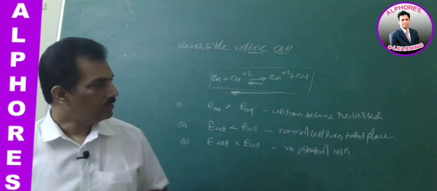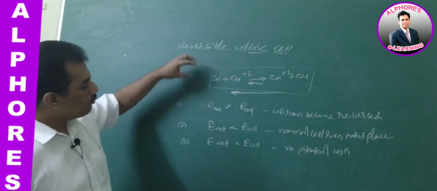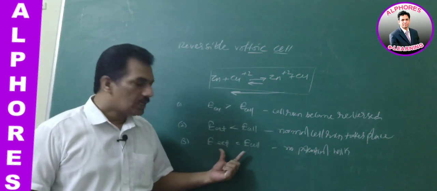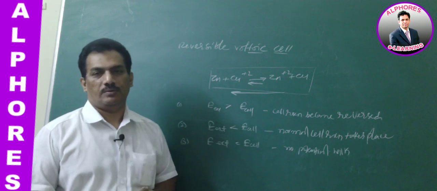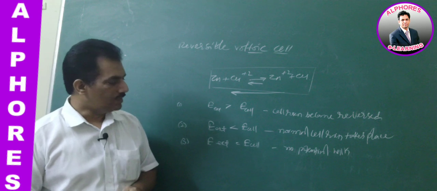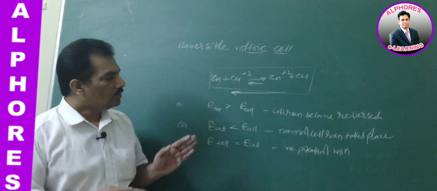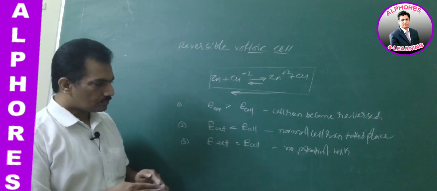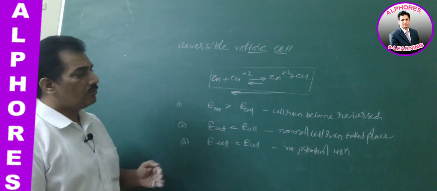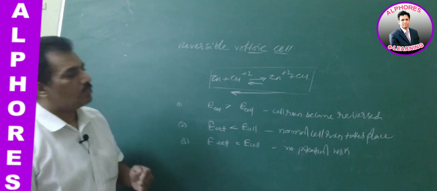Like that, we have a reversible voltaic cell, with reversibility depending on the connected external EMF. Clear? These are the discussions in our session, and depending on this we have to solve some logical questions, and thereafter we will enter into the other part.